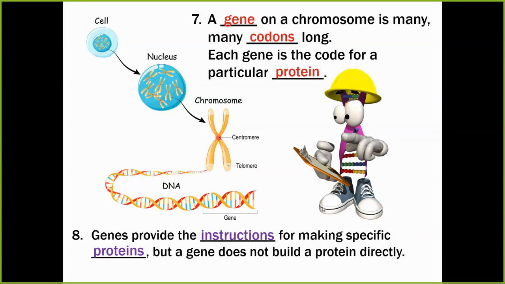Just like my cookbook doesn't make the bread directly, or the enchiladas directly. I have to do that. I just have the instructions that I'm going to follow, if that makes any sense whatsoever. So your DNA is a set of instructions, but it doesn't actually build the protein. Questions or issues?